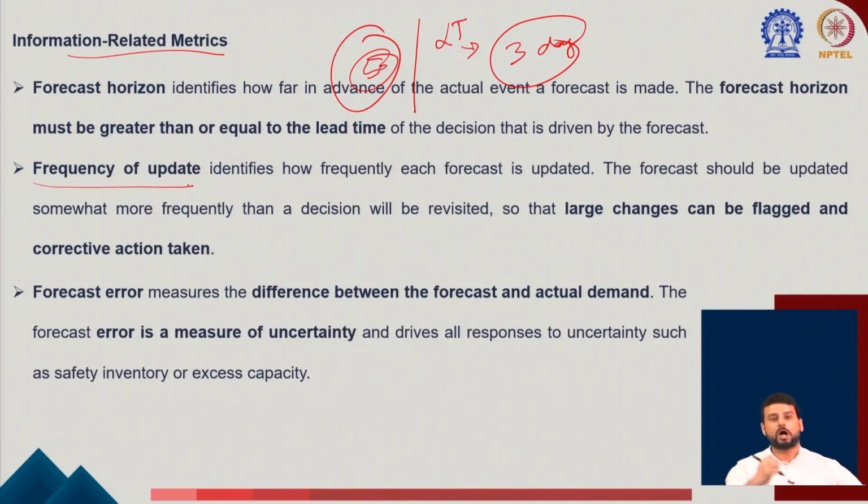Frequency of update: how frequently you are updating your forecast. If today you are forecasting for the next 1 month, how many times in between do you update your forecast, because there can be changes in the parameters. If there is any change, you can flag it and take corrective action. You may say, okay, we forecasted 50 units, but now other factors are there in the market and we need to produce somewhere around 30 to 35 units.